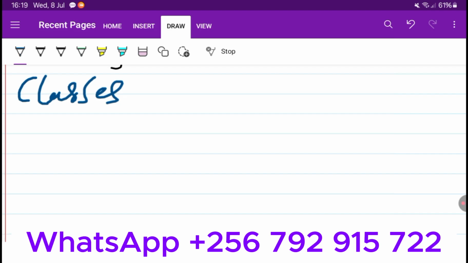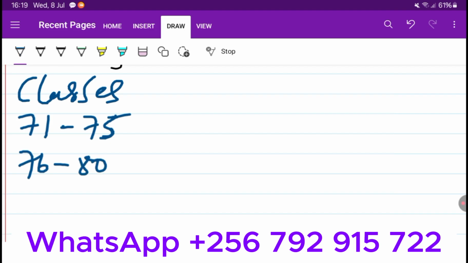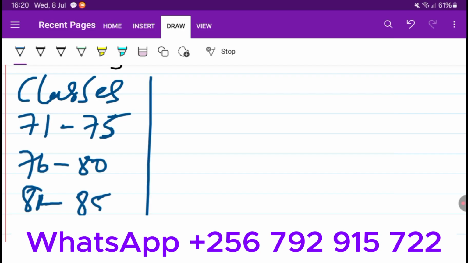The classes are 71 to 75, 76 to 80, 81 to 85, 86 to 90, and then lastly 91 to 95.